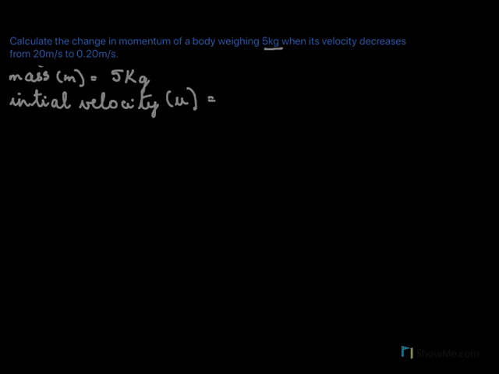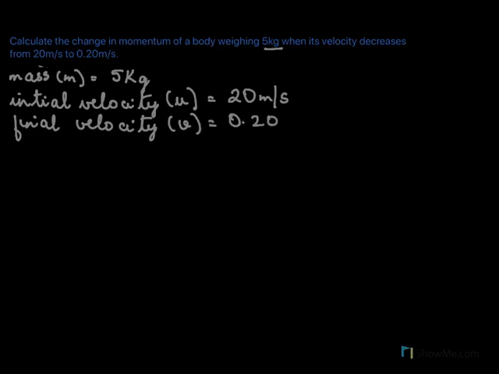So initial velocity u is 20 meter per second, and the final velocity is v, which is 0.20 meter per second.